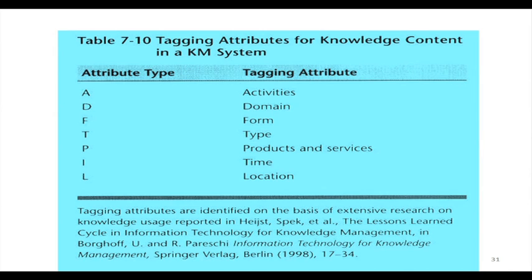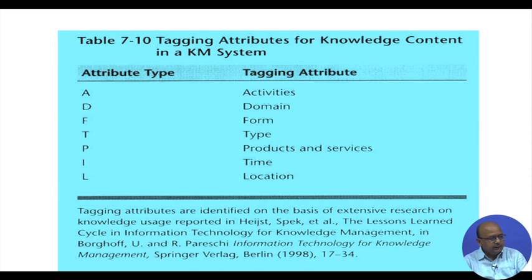Now, we are going to discuss how tagging attributes for knowledge content works in a knowledge management system. These are the different kinds of attributes that could be used: A for activities, B for domain, F for form, T for type, E for products and services, I for time, L for location.